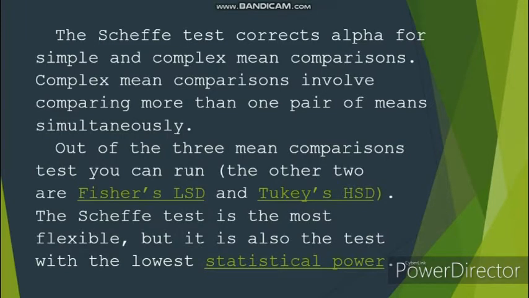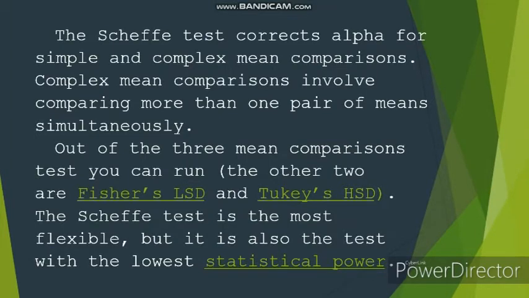Out of the three main comparison tests you can run, the other two are Fisher's LSD and Tukey's HSD. The Scheffé test is the most flexible, but it is also the test with the lowest statistical power.